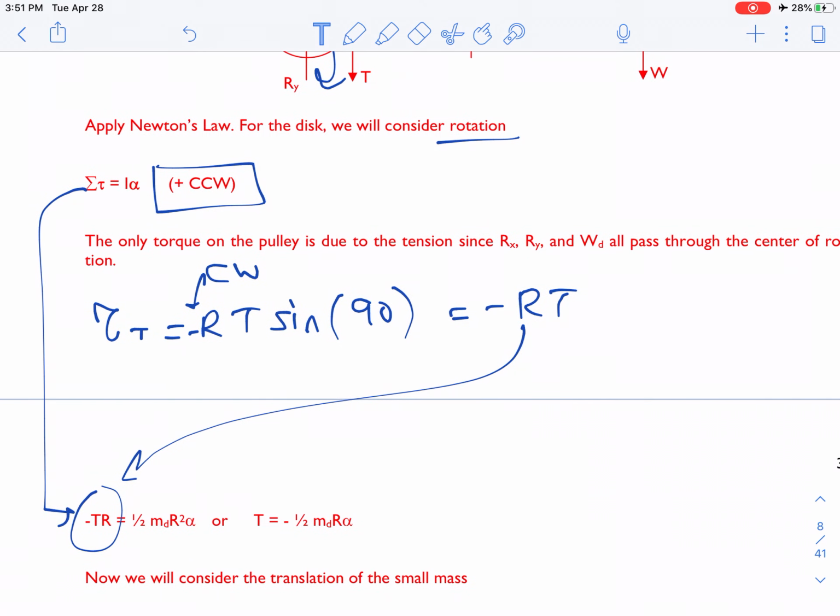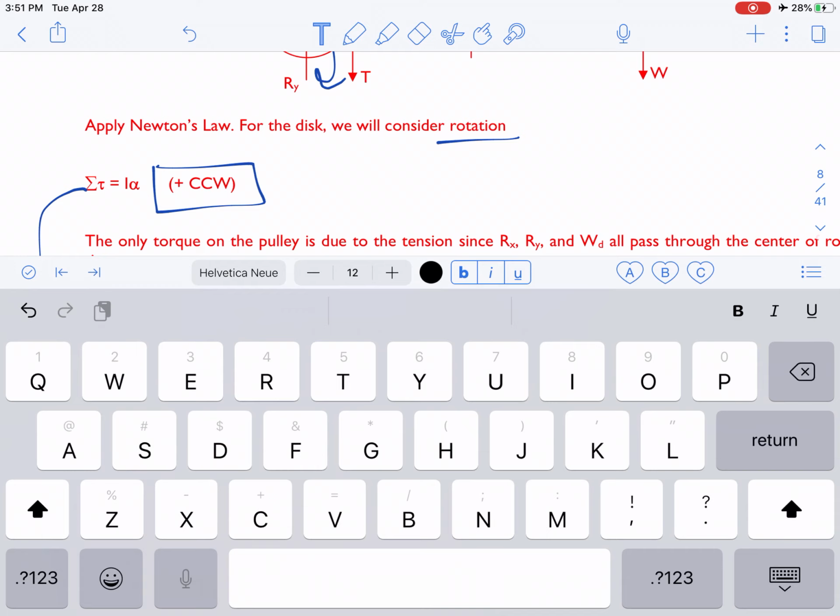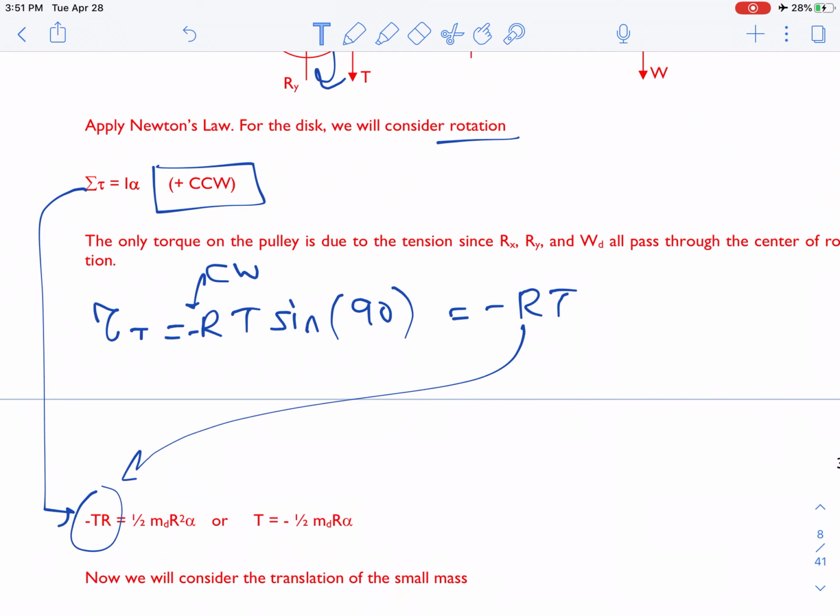And what is I? For a disk, we go back to our table 10.2, part C, and we get 1/2 m r squared as the inertia. We're putting that in. M is m_d. I'm going to label it properly because this is a symbolic problem. We don't use M, but m_d, because M is for the suspended mass.